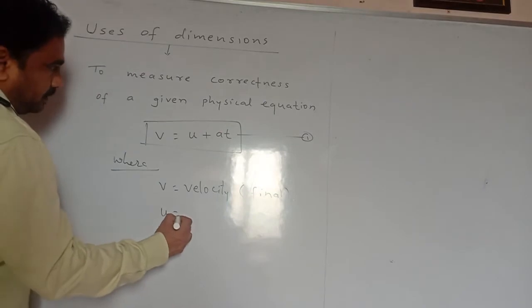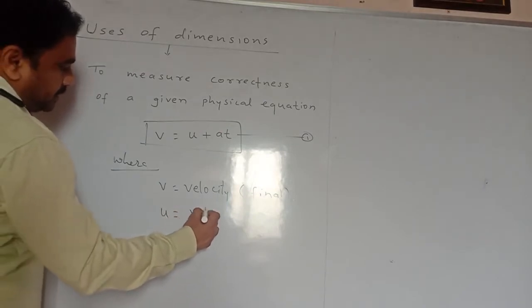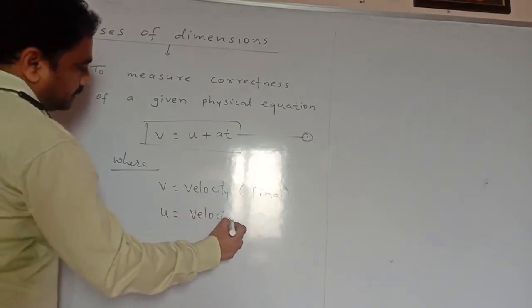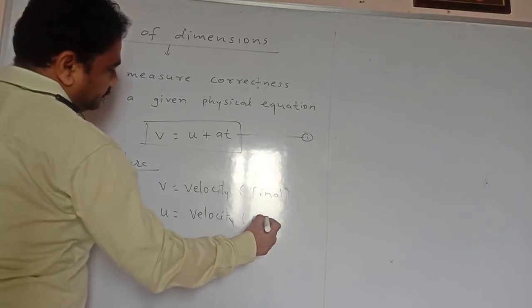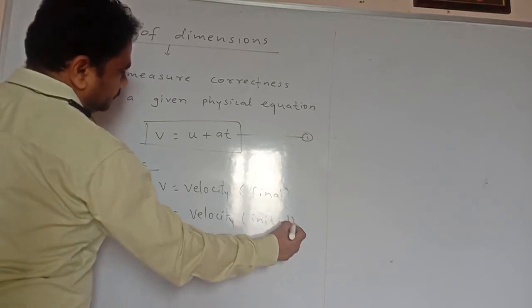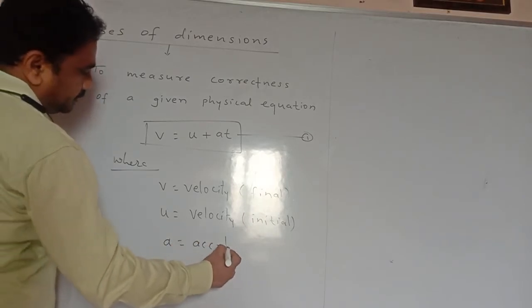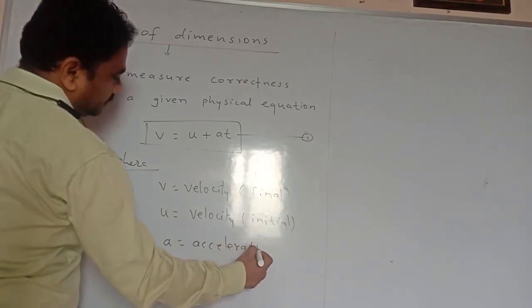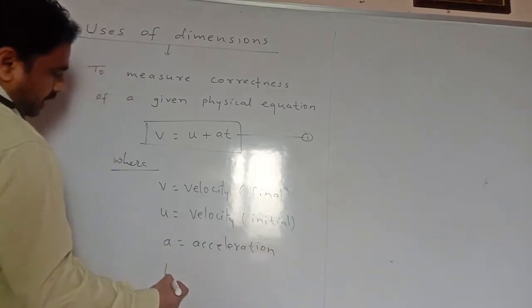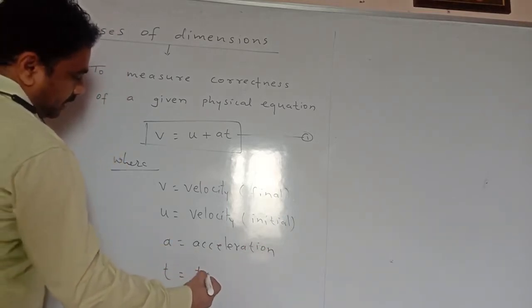U stands for initial velocity. A is acceleration and t is time.